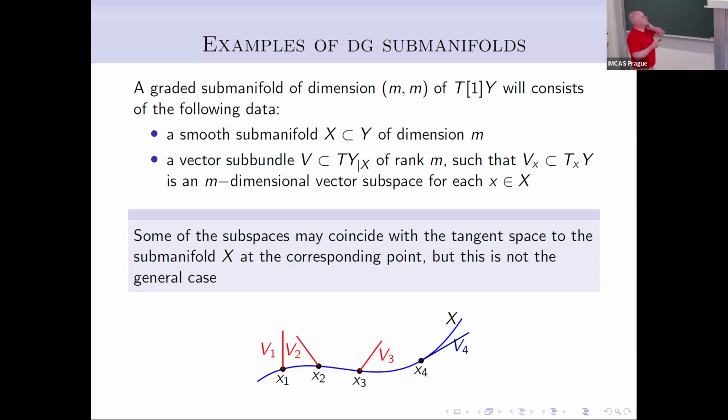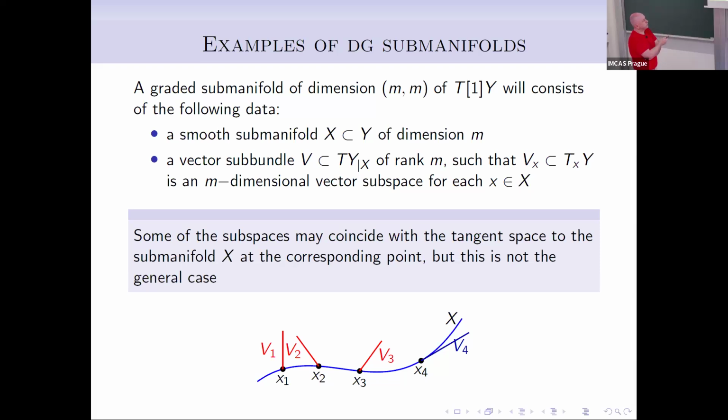So as I said, if you have a graded submanifold, I mean, if it's a graded immersion, then we can call this a DG submanifold if the Q structure is tangent to this submanifold. In general, it's not true. So I drew the picture on the bottom.